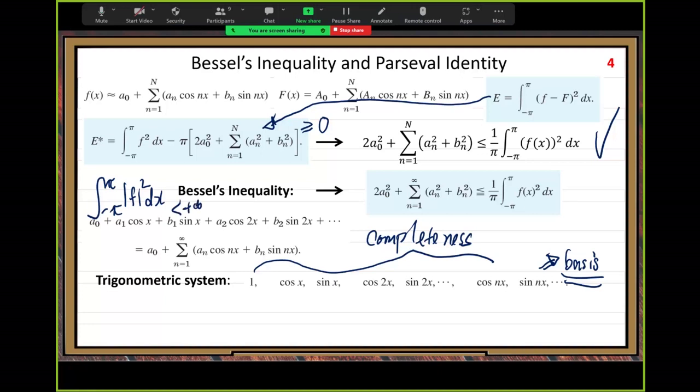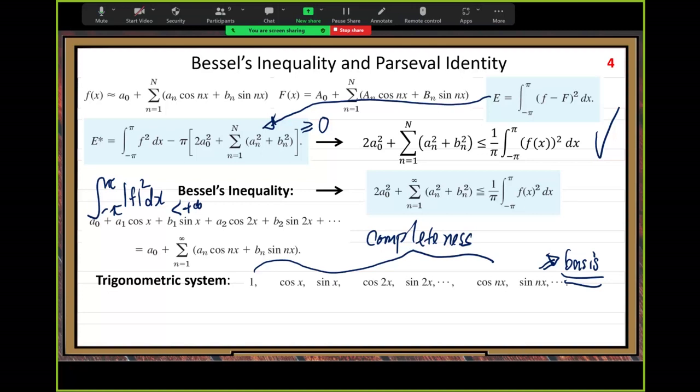So this trigonometric system is a basis for the square integrable functions on the interval from -pi to pi. So no missing, covering all of them, complete.